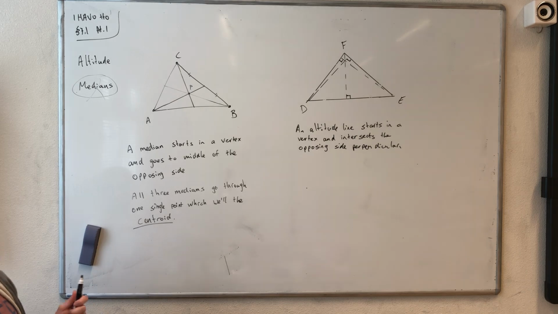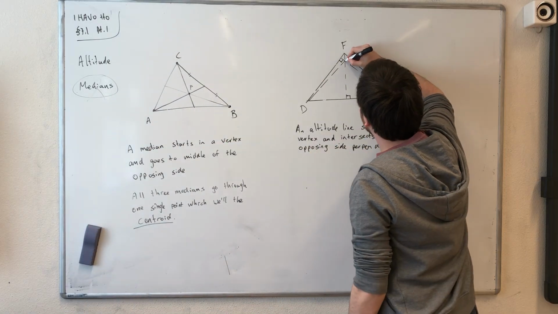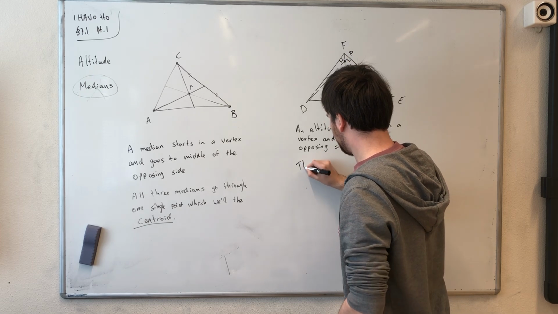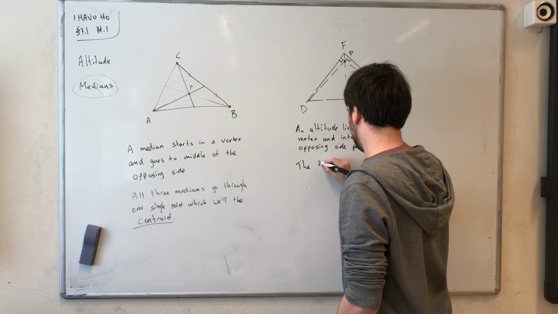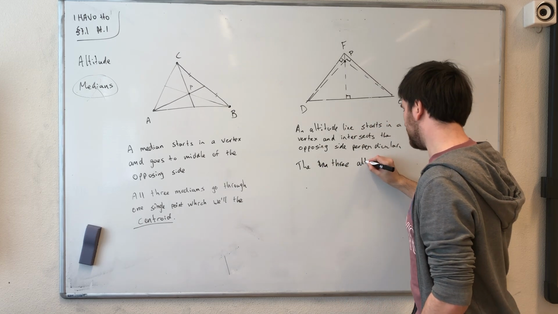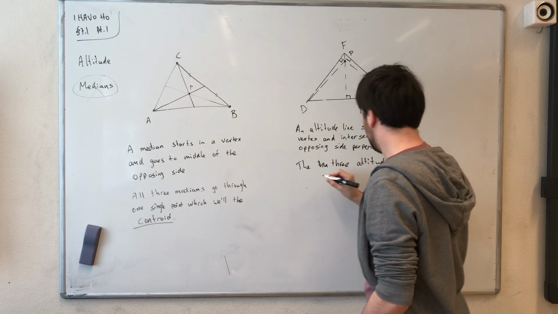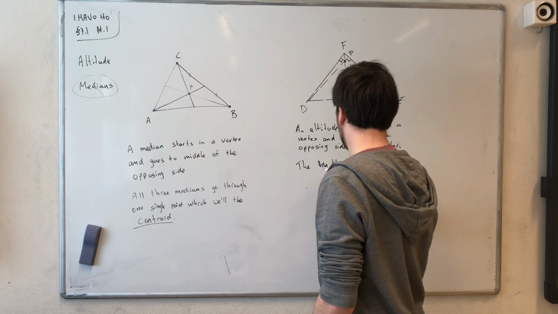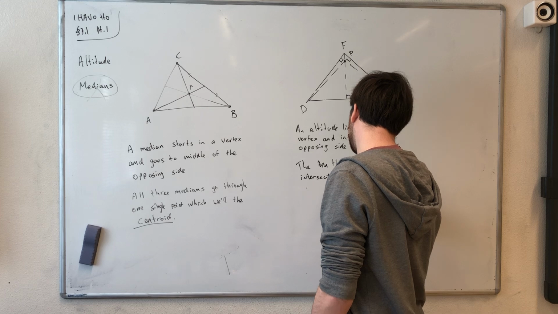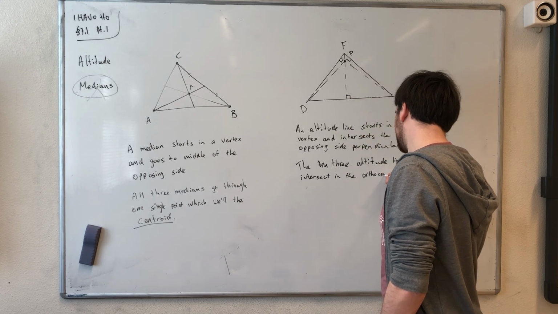So they intersect perpendicular. This point over here, let's call it P as well. So the three altitude lines intersect in the orthocenter.